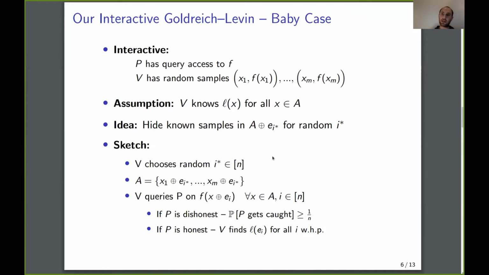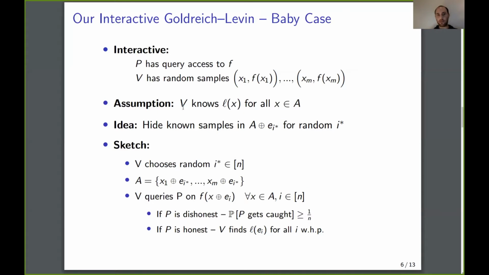So the verifier is going to basically simulate the algorithm, and whenever it needs to query something, it's going to ask the prover to do the query for it. It will say, please query f at this x and tell me what the answer was. And somehow it needs to make sure that the prover is not cheating, and that the answers the prover is giving are actually the correct evaluations of f.